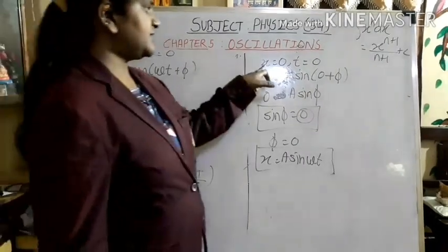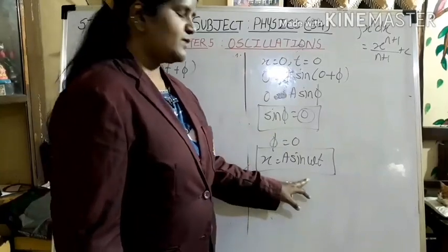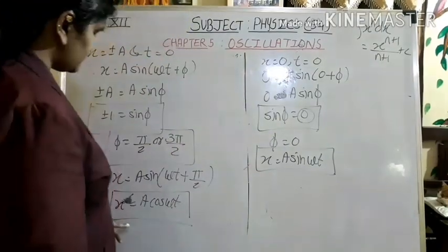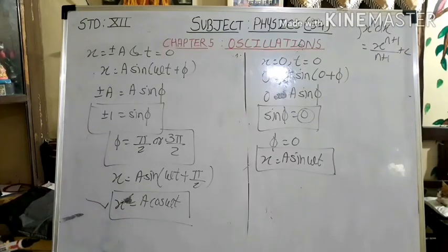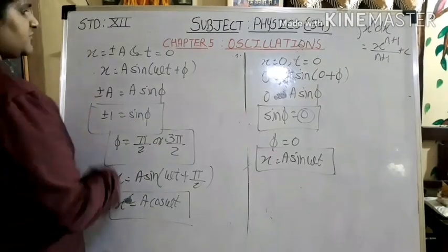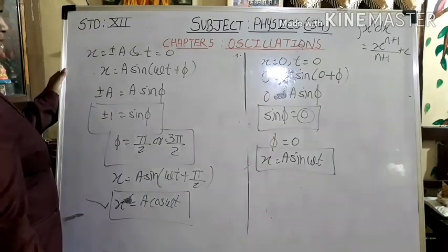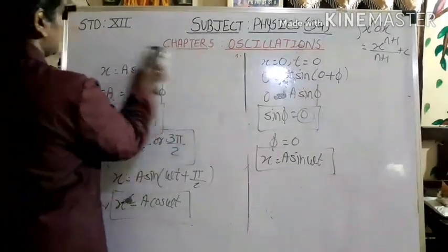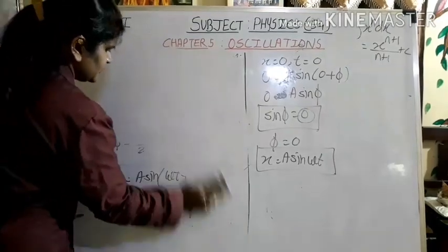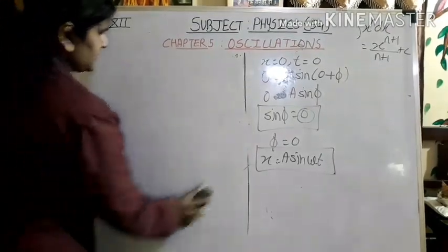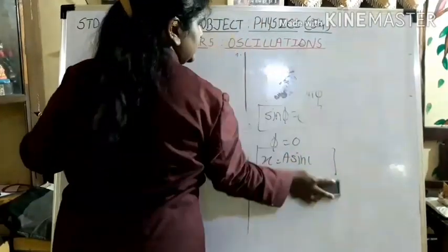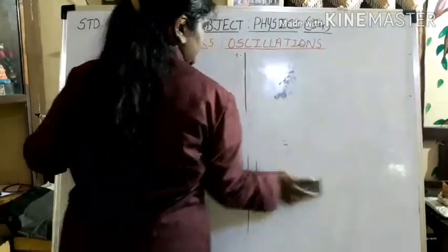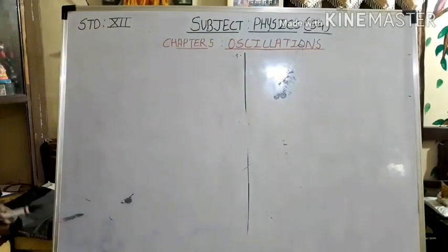At the mean position it gives the value like this, and at extremity it gives the value this. Just have a look once. I hope you got all the 3 derivations from which we have derived velocity, acceleration and displacement. So this is all about the values over here.